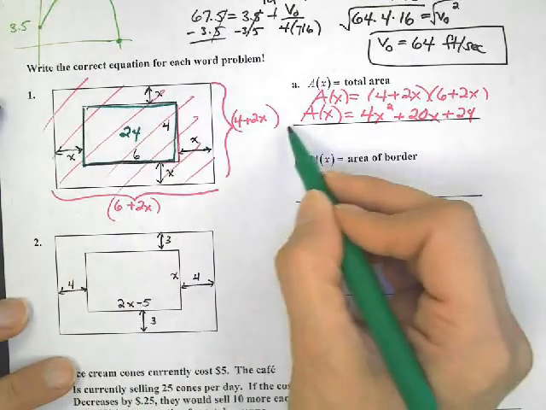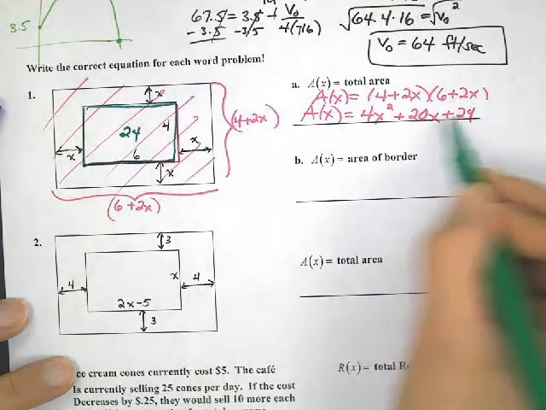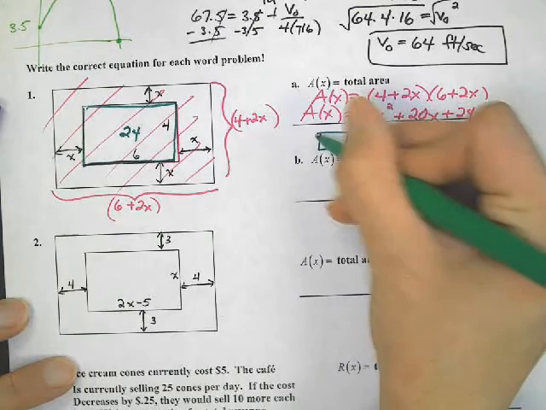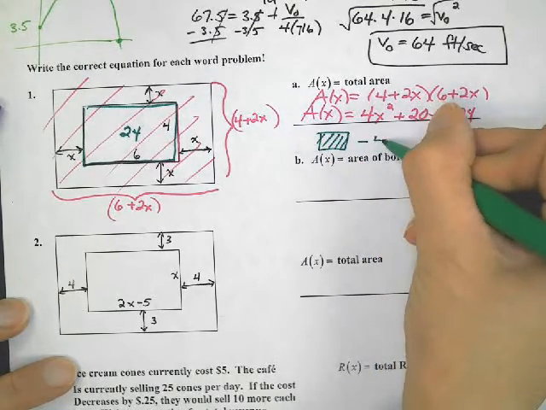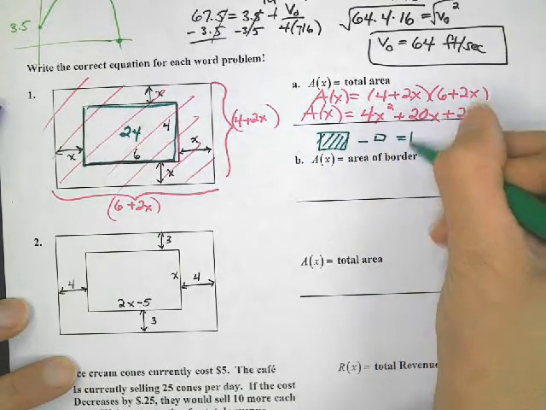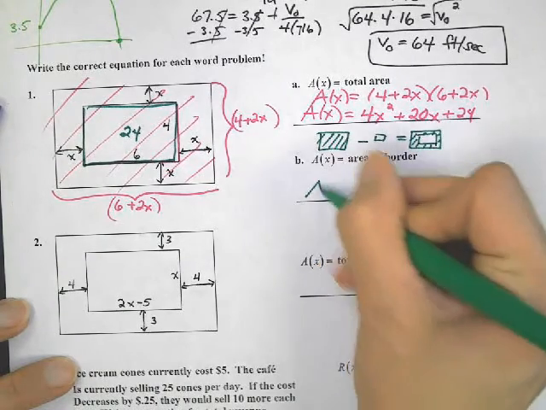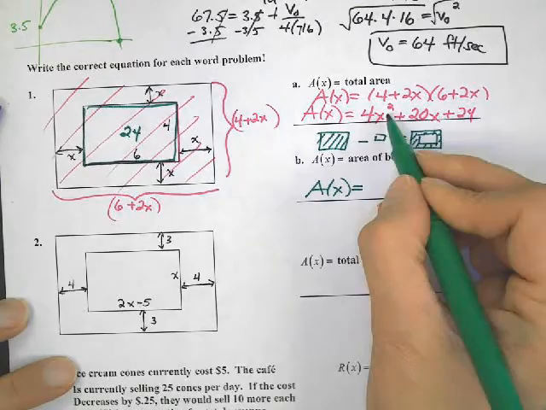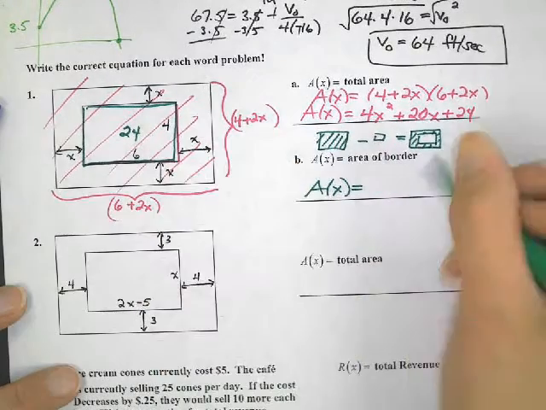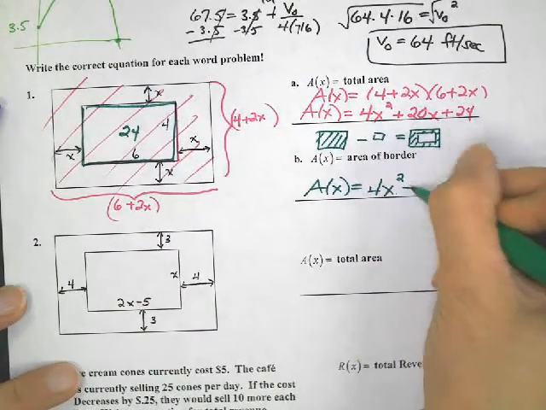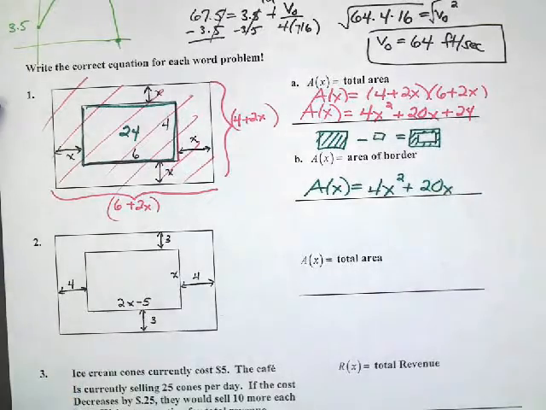So let's take our total area, and then we'll minus off the piece in the middle, and then that would give us the border. So A of x equals that equation minus 24. Okay? If you need me to explain this to you again tomorrow, please ask.